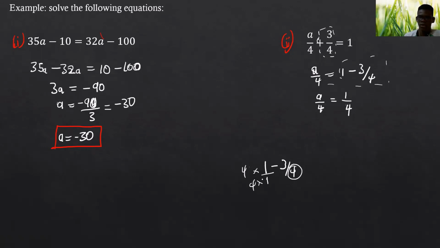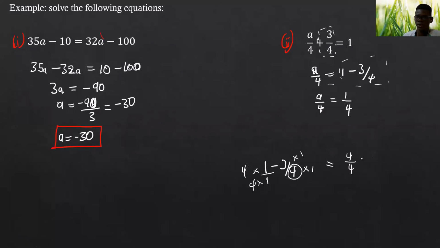So the denominator for this fraction is 1, and multiply by numerator and denominator over here. Doing this will give you 4 over 4 minus 3 over 4.